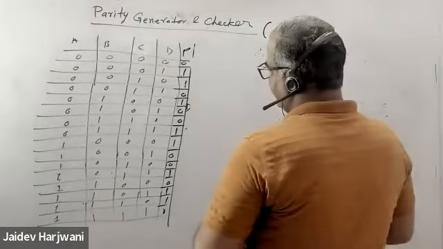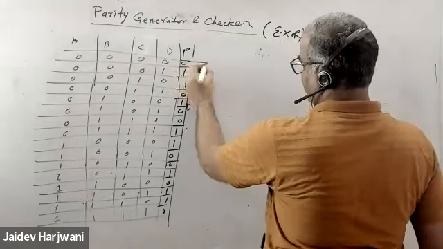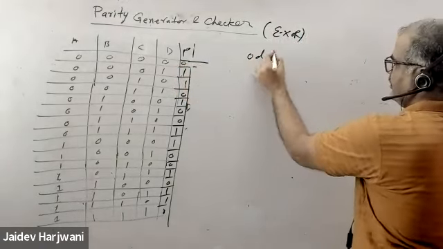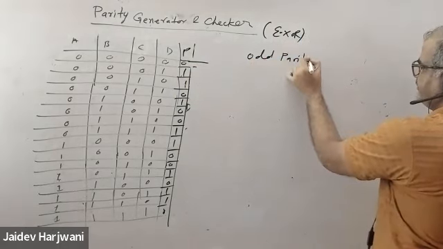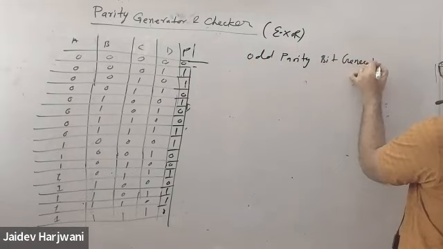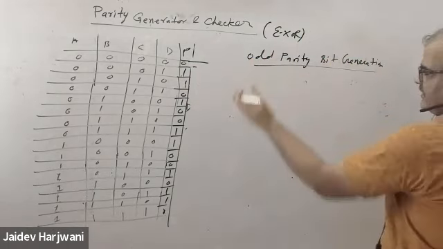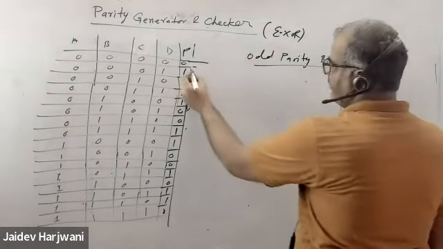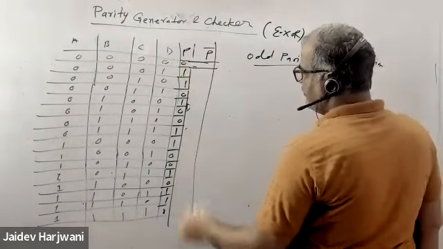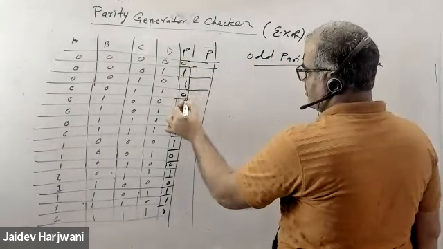So if you want an odd parity bit generator, the bit which combines with the other combination makes them an odd parity number. That's like P bar. So P bar will be what? Opposite to this one.